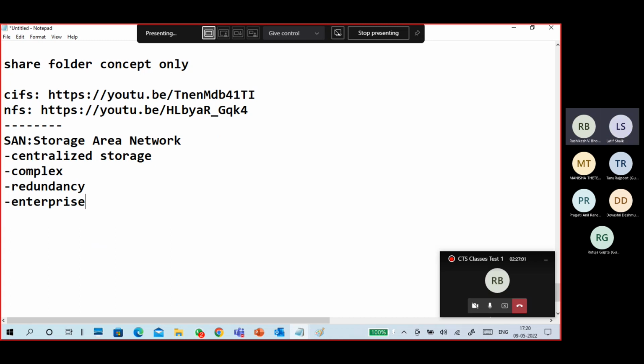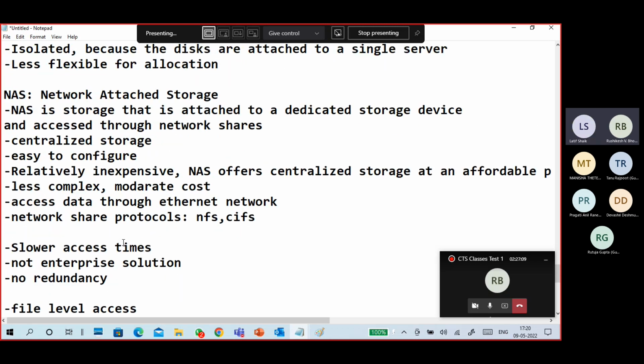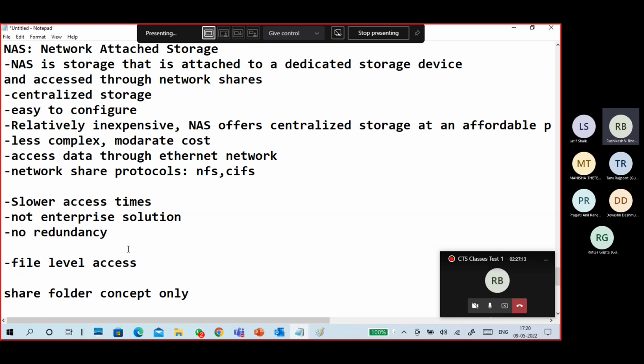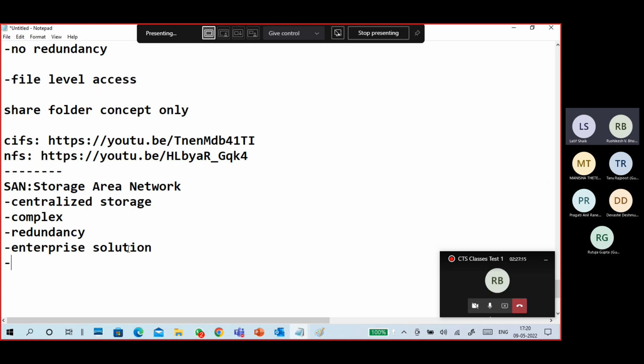Why is it complex? Only professionals can do it. It is like a mesh topology type. It is expensive and costly.